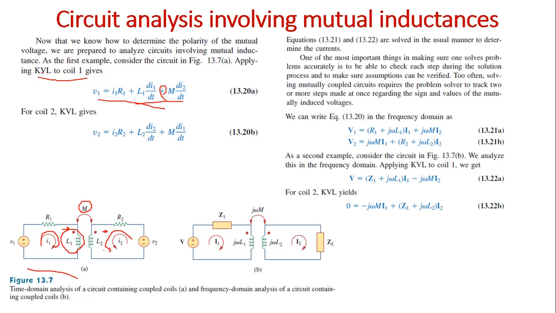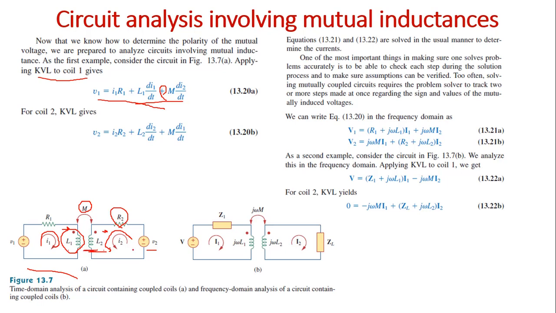According to Kirchhoff's voltage law, we get this equation: V1 is equal to the drop across this resistance plus the drop across coil 1, L1. Similarly for coil 2, we have voltage source V2, so V2 is equal to the drop across this resistance and the drop across coil 2.